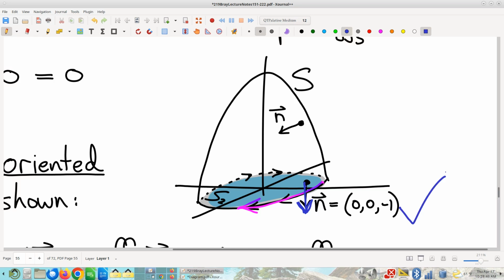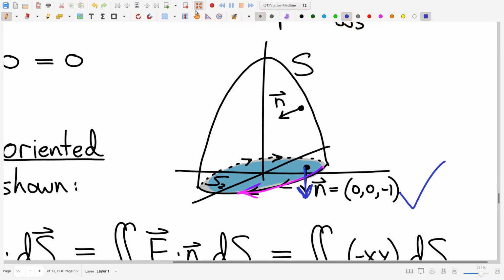So downward. It's a happy little coincidence that it's described casually by the same terminology. I wouldn't go so far as to say it's 100% coincidence, but it's certainly not something you can conclude for free. Everybody happy with this? Okay. All right. So, moving along.